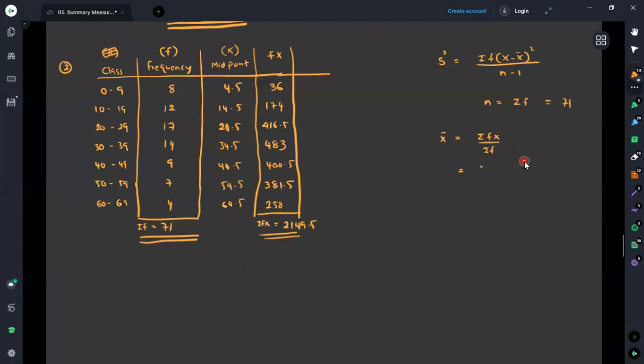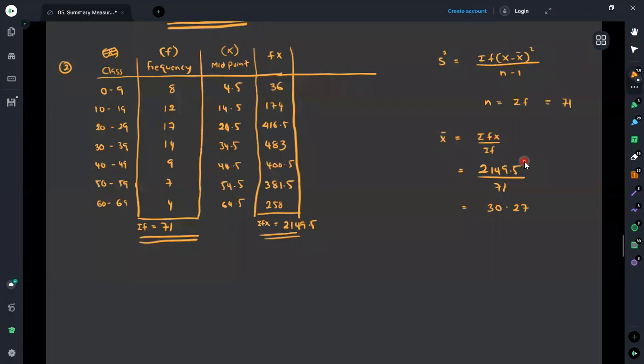Then we'll get 2149.5 divided by the summation of f, which is 71. Then, accurate to two decimal places, it is 30.27.